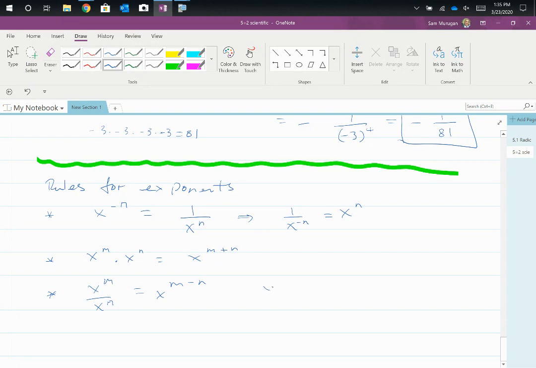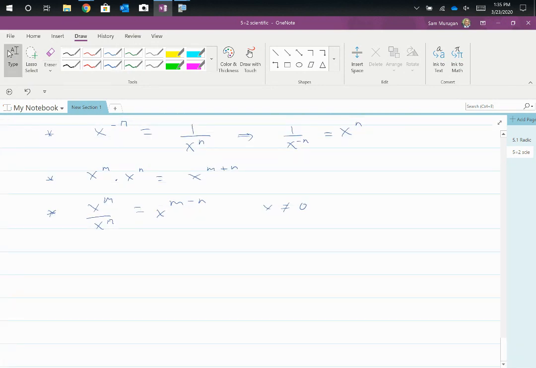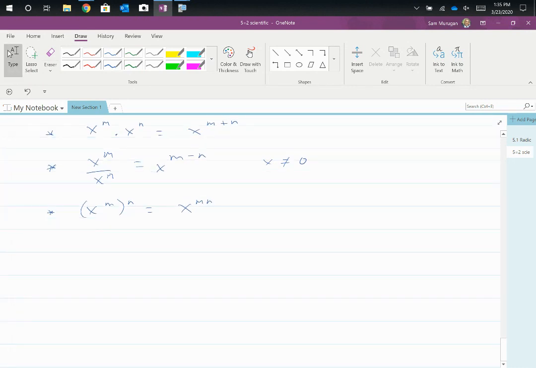And note here that x cannot equal 0 because we can't divide by 0, yes? The power rule says x to the power m, to the power n, is simply the product of m and n. Multiply the two.